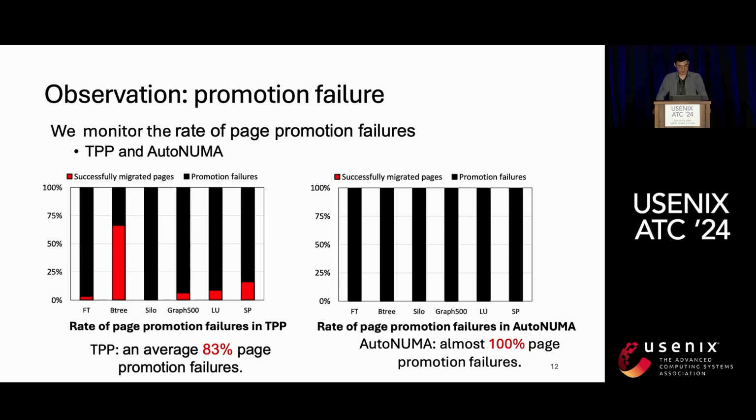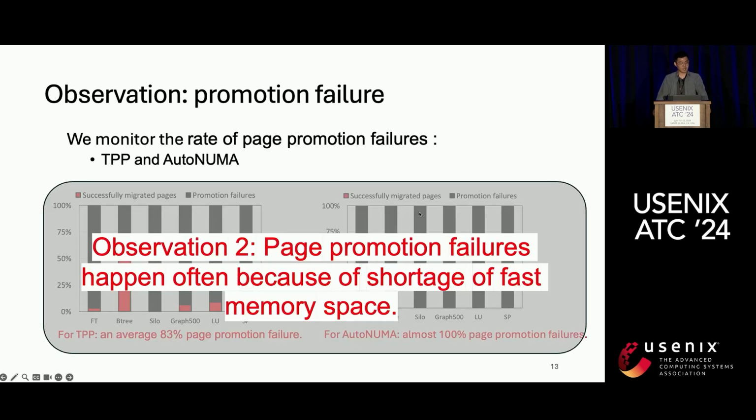However, in AutoNUMA, we found that almost 100% of page promotions fail. That's because AutoNUMA does not have any demotion functions. So when the allocation finished, the pages in fast memory won't be moved. So we got our second observation. Page promotion failures happen often because of the shortage of fast memory space.